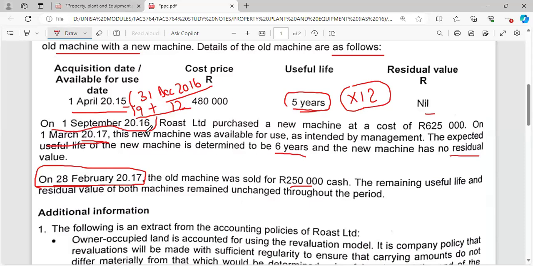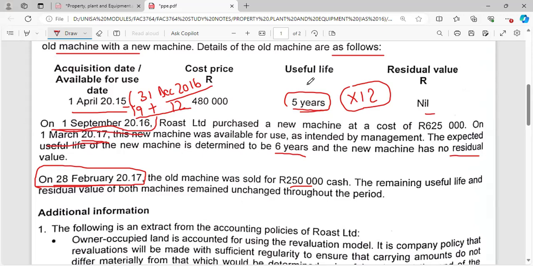That's why we didn't include its depreciation at the beginning of the year, because it was available for use on 1 March 2017. So which means at the beginning of the year, there is no depreciation, but it was already there. I don't know if you get the point there. I know that's what you wanted to ask. Yeah, and I can see now. Yeah, that's the point, right?